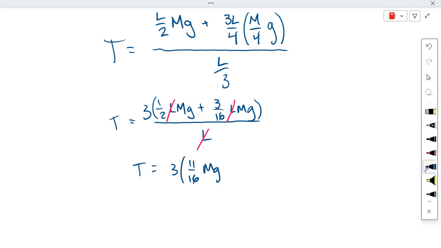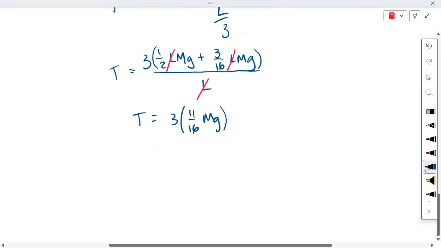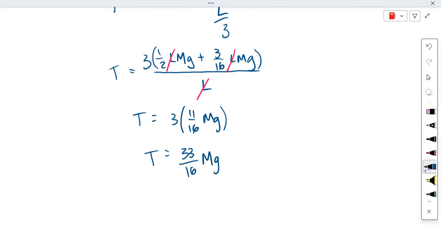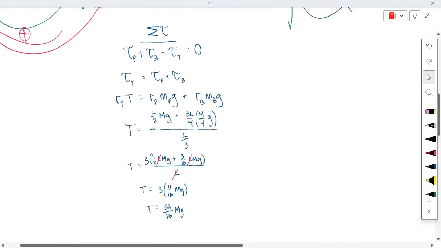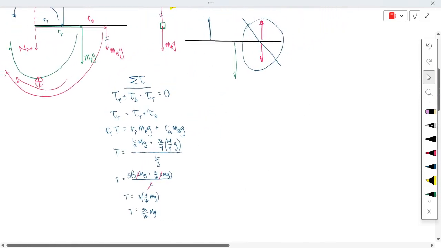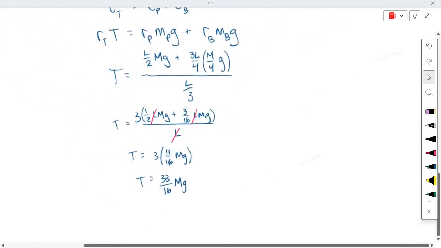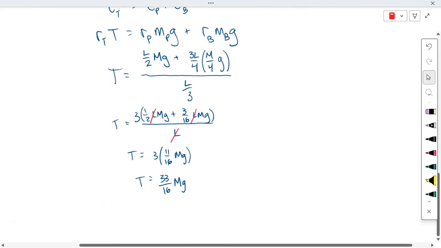Multiplying by 3, the tension is 33/16 mg, a little bit more than twice the weight of the plank. All right, that makes sense, I guess. Fine, good.